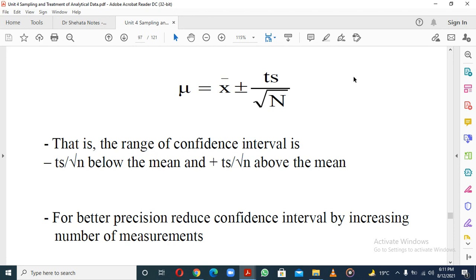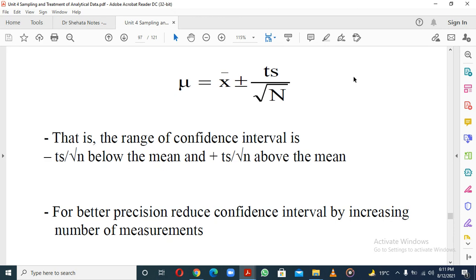Of the number of samples. So you can see that it can either be below the mean, that's when we say mean minus that, or it can be above when we say mean plus ts over square root of the number of samples. Of course, t meaning the t-test value, and s meaning the standard deviation.